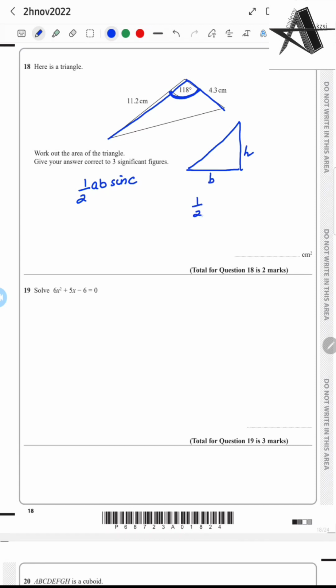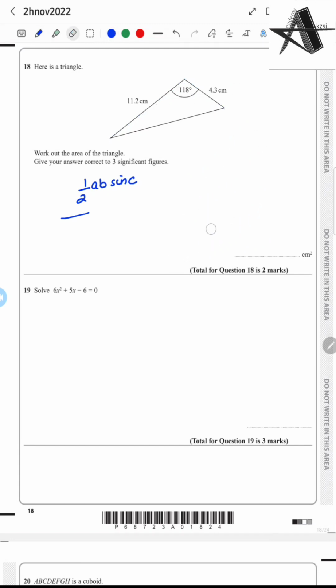Same, half times two sides. So that means base, height and an included angle, which is 90. So sine 90, and we know sine 90 is 1. That's why it's half times base times height. So this is our actual formula, a universal formula for any triangle: 90, acute, obtuse.